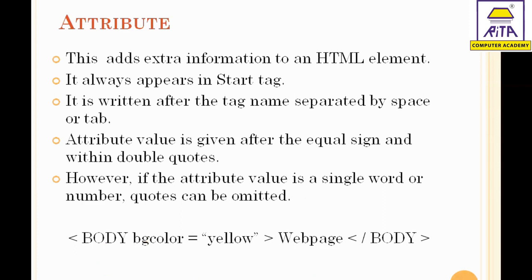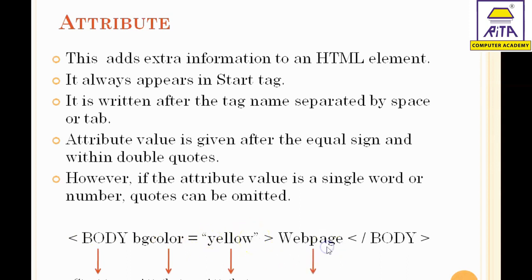So here is an example. The body, what is it? It is the start tag. Then bgcolor, it is the attribute. Between body and bgcolor there is a space. So you have to write the start tag, then give a space and then the attribute. Then you put the equal sign and then within double quotes you write the attribute value.